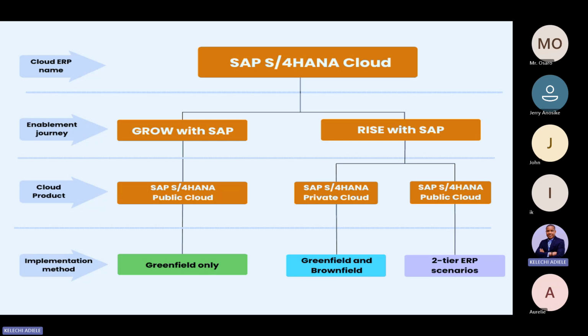For the product, that's why I wanted to mention the focus on the enablement journey. Sometimes you will hear, is it Rise? If it's Rise, fine. What cloud product did you use? SAP S4HANA Private Cloud. What implementation method did you use? Was it Greenfield or Brownfield? These are terminologies you need to understand as a BA. Very, very important.